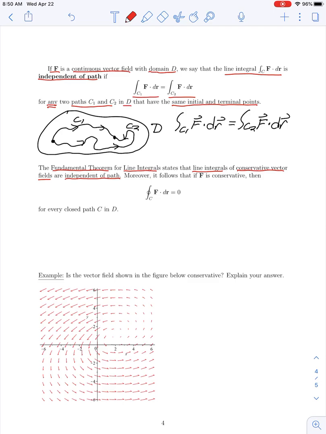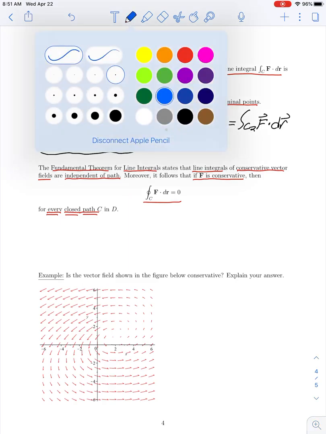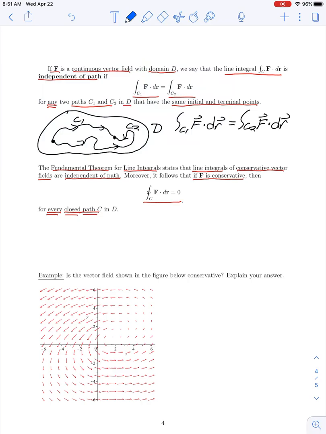Now another nice property which we can make use of here follows directly from the fundamental theorem for line integrals. It says that if f is a conservative vector field, then the line integral of f over the curve C has to be 0 for every closed path C in our domain. So here, one thing that I want to point out is a little notational difference in what we've seen so far.